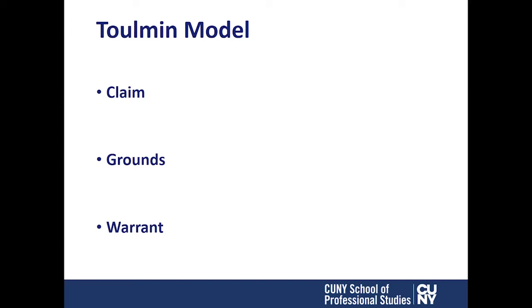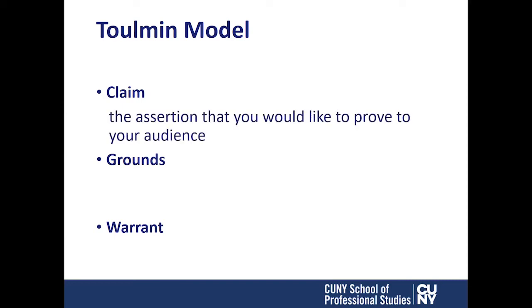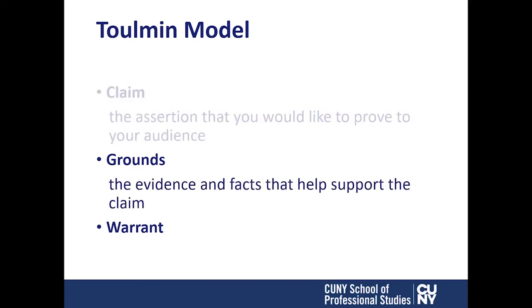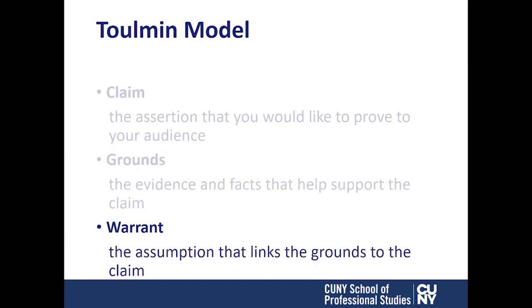Remember that the claim is the assertion you're making. It's your thesis or your topic sentence, something like that. The grounds is the evidence and the facts that help support the claim. And the warrant is the assumption that links the grounds to the claim. So I'm going to try to make one up off the top of my head.